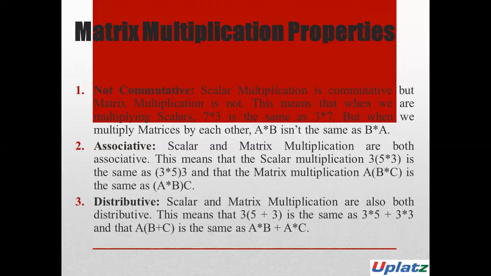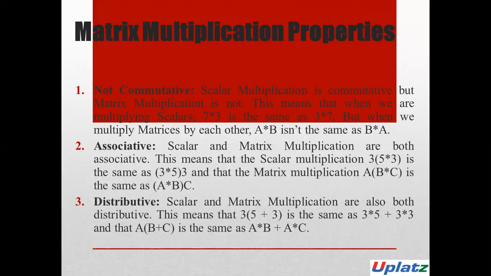So scalar and matrix multiplication are both distributive. This means that 3 multiplied by (5 plus 3) is the same as 3 multiplied by 5 plus 3 multiplied by 3.